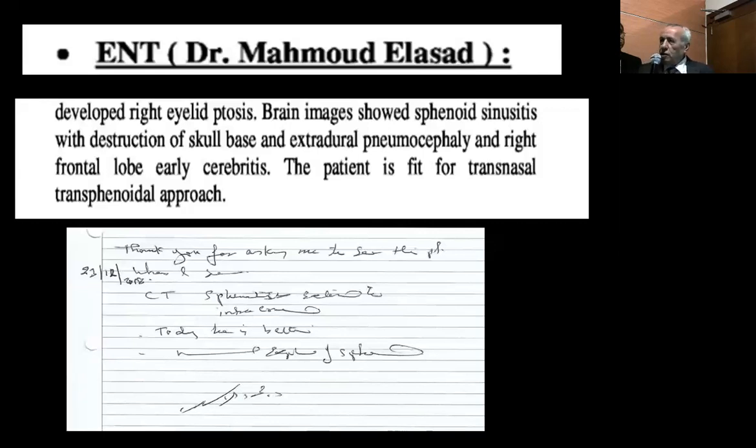So, message to my colleagues in ENT: when you get pansinusitis, you should clear it all. It's not enough to go for the maxilla and anterior and posterior ethmoid and leave the sphenoidal sinus because it's far away. That will lead to all the complications which have been described here.